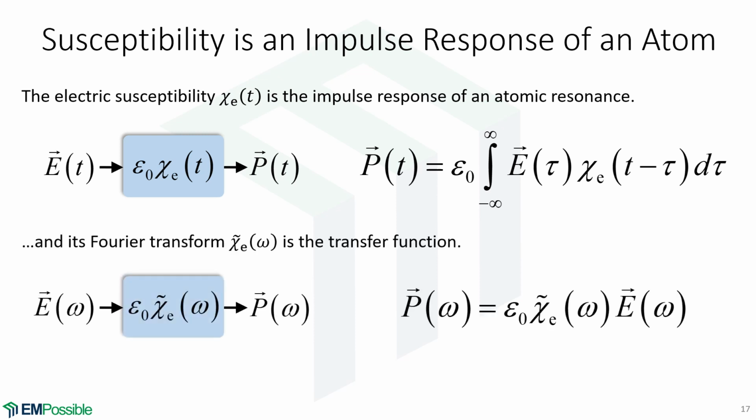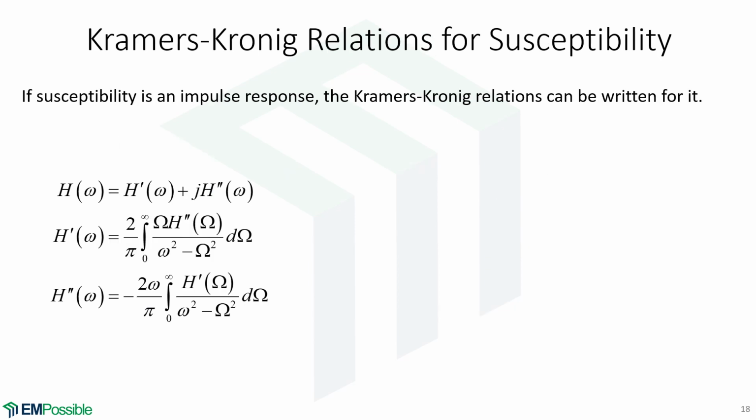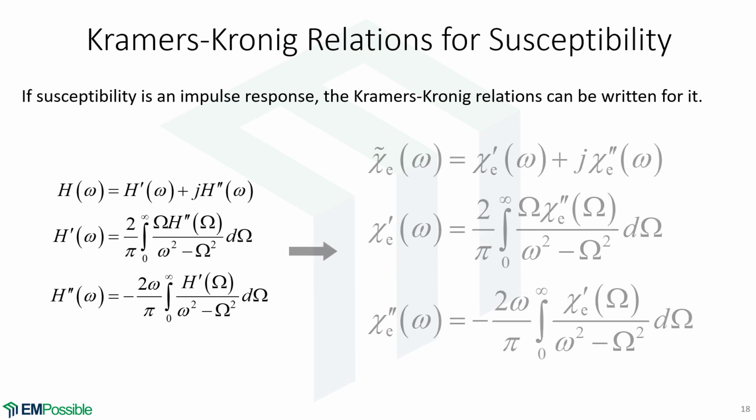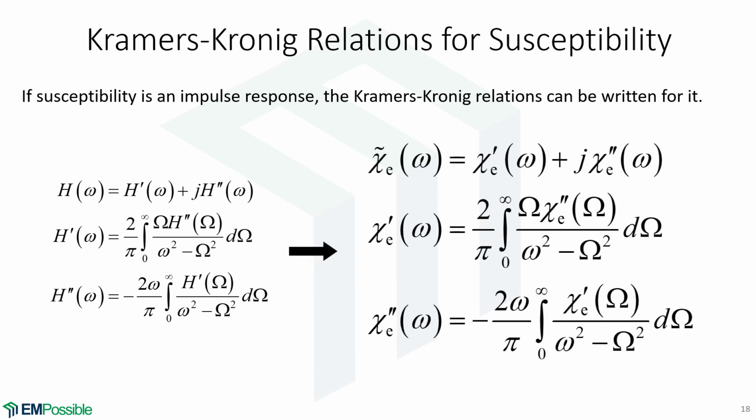We can Fourier transform that and also think about the susceptibility as a transfer function in the frequency domain. So given that we now know that our susceptibility is an impulse response, with the little epsilon naught being a little scaling factor there, we can take what we derived for the general transfer function and just write it for the susceptibility. So that is the Kramers-Kronig relations for the electric susceptibility.